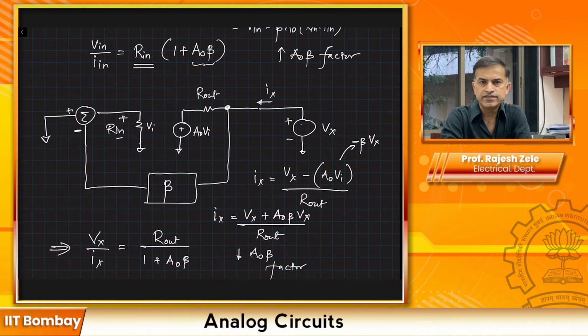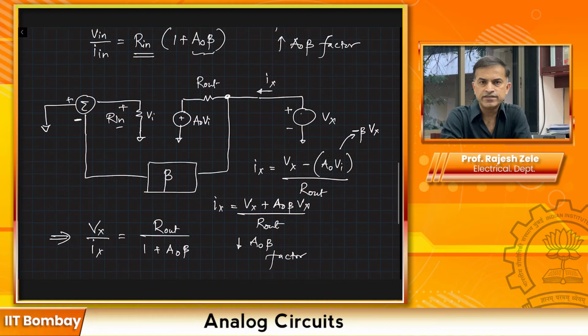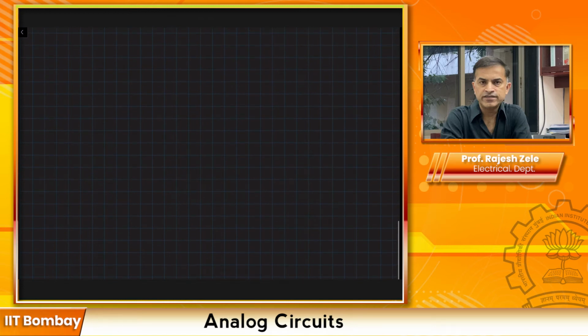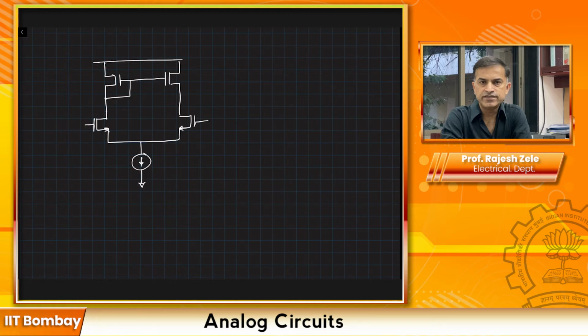A quick circuit example where you can apply this would be a simple circuit. Let me draw it so that you can see. Again, you should know how to figure out the positive and negative inputs. In this particular case, from the gate of M2 to the output, there is an inversion, right?